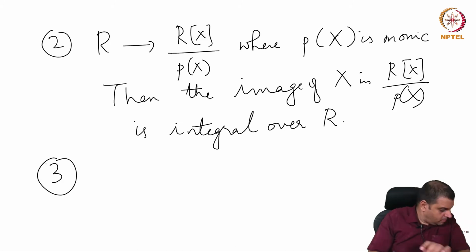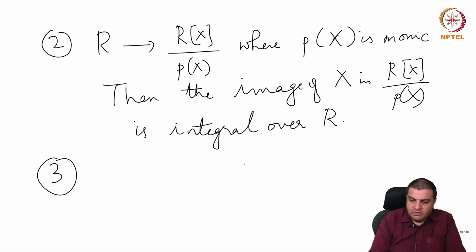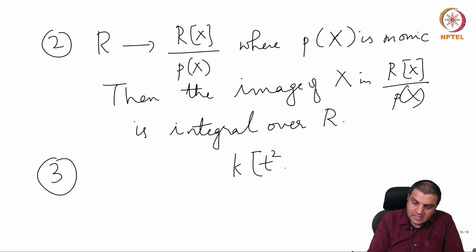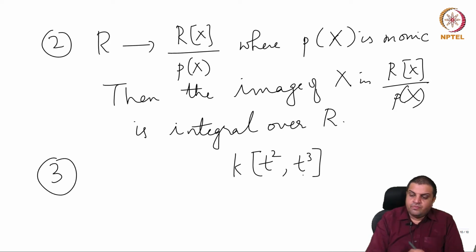3. Another ring that we have seen and we have become familiar with is this k[t^2, t^3]. Okay.